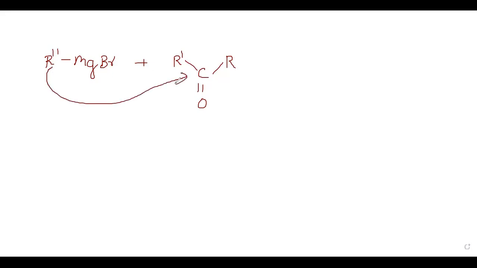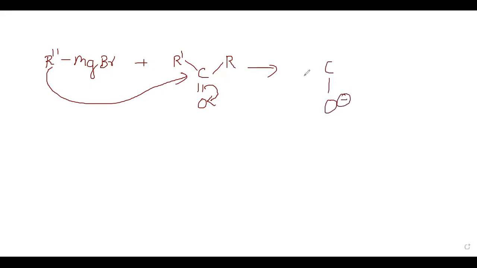Why? Because R double dash MgBr is there. When it is reacting with R dash C double bond O R in this pattern, first of all, this R dash is attacking carbon, then the bond is shifting towards oxygen. So the oxygen is now O minus.